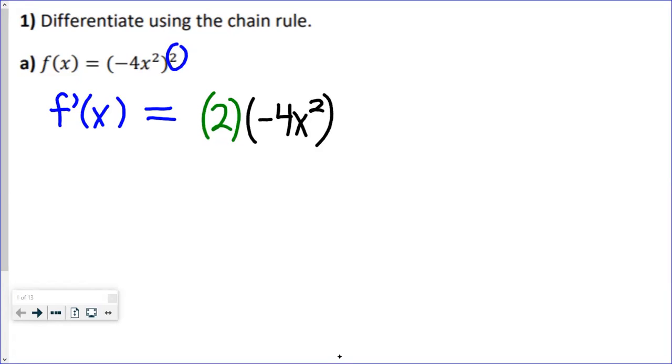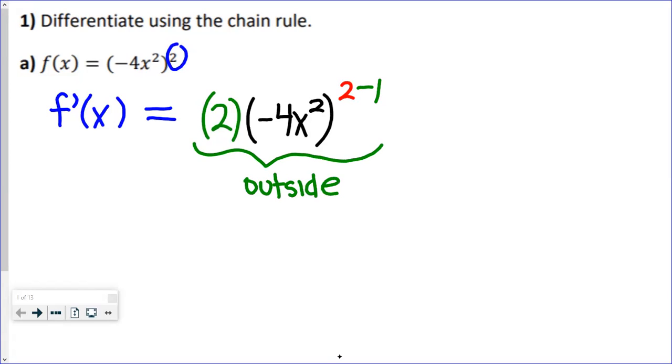I'm going to take the power of 2 that was originally there, and I'm going to subtract 1 from it. And all of this is taking the derivative of the outside function.